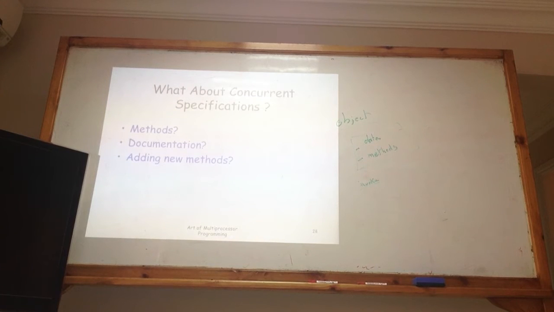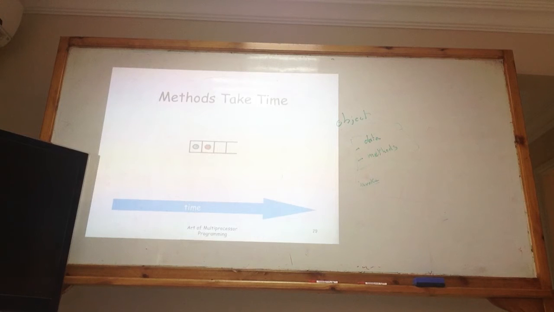Now, if we want to talk about concurrency, maybe in the specification itself this is difficult, but if you want to analyze concurrency, how will we do that? Let's think about what will happen when you run a method, or many methods, concurrently. A very important aspect is time. Let's assume we have this queue with two objects.